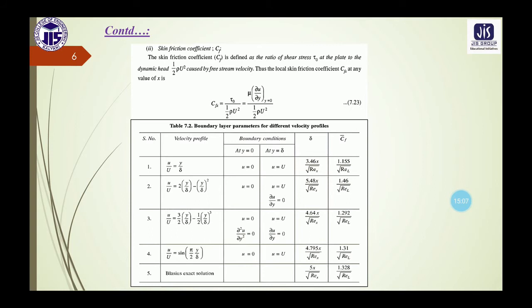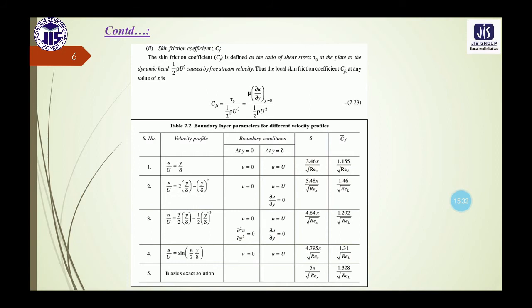Now this is one table where the boundary layer parameters are given for different velocity profiles: their boundary conditions, the formula for the boundary layer thickness, and the skin friction coefficient, which is also known as drag coefficient CD.